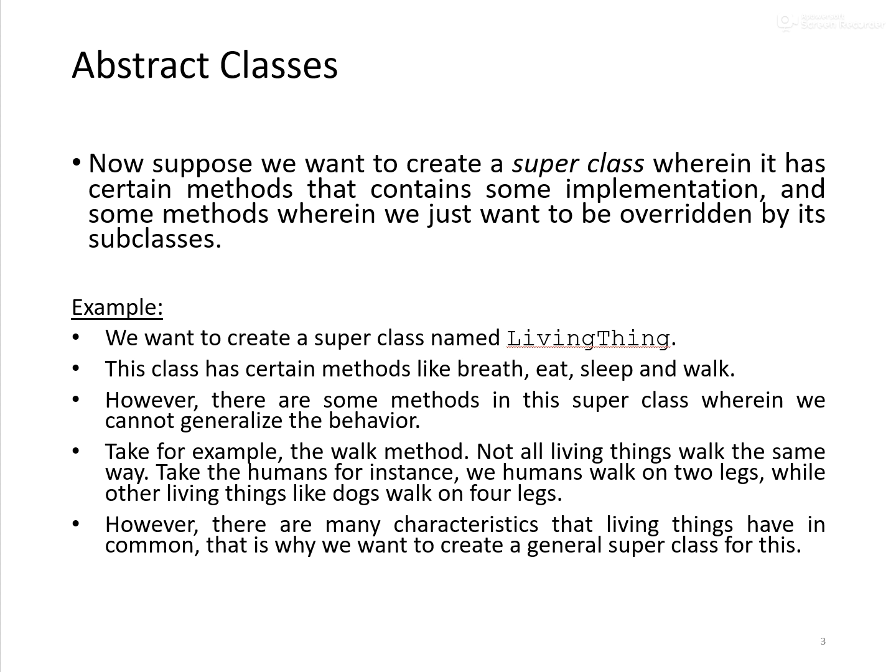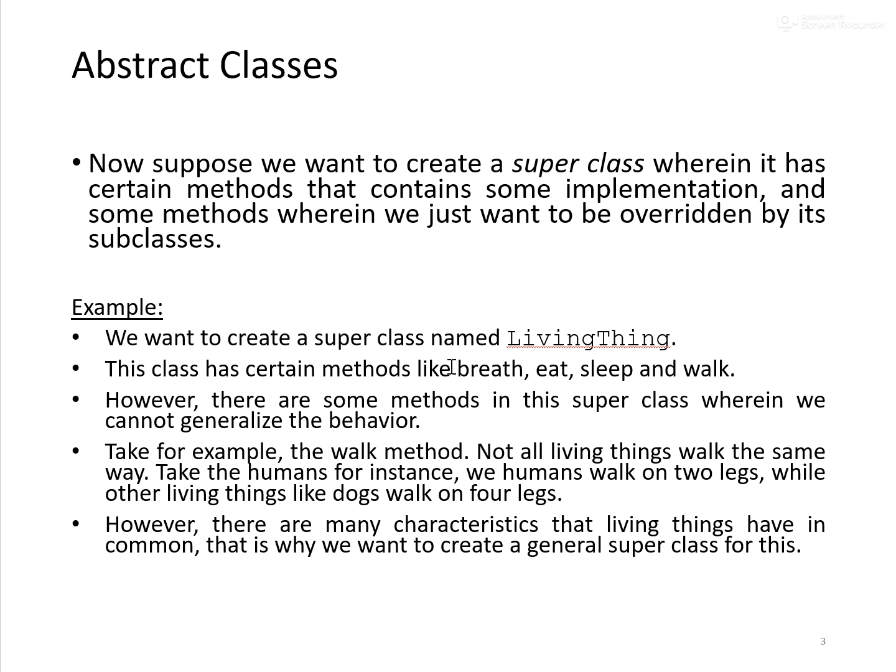So, for example, we may have a superclass called living thing. Now, living thing is not an object in the real world. It's a whole category of living things. It contains human beings, dogs, cats, all kinds of animals, plants, even perhaps. And all of these living things may be doing a lot of the same things. They may be performing a lot of the same functions, which means we may associate the same methods with all of them, such as breathe, eat, sleep, walk.